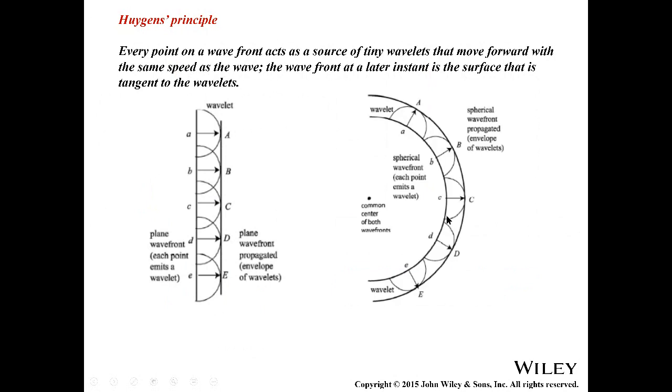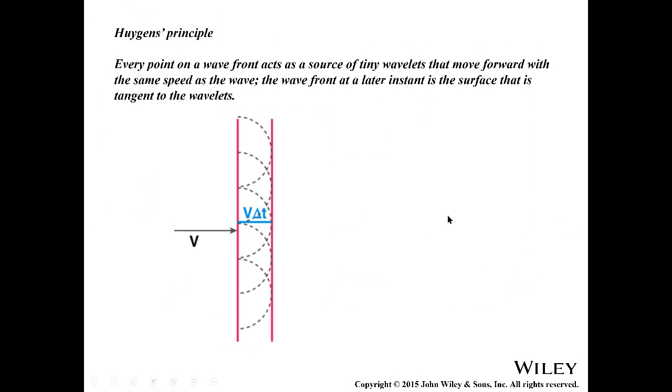Okay, so now we have this, and now we can also relate something to the velocity. I have my plane wave, it has a certain velocity v, and each point is the source of a secondary wave. So this is a new wavefront, and in a time delta t, this new wavefront will be at a distance v delta t.